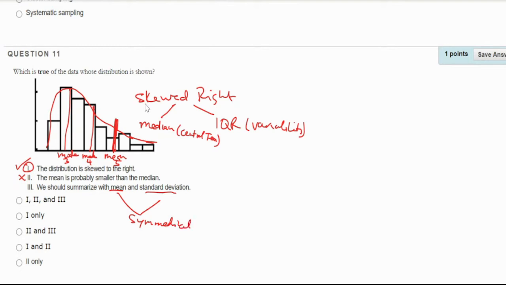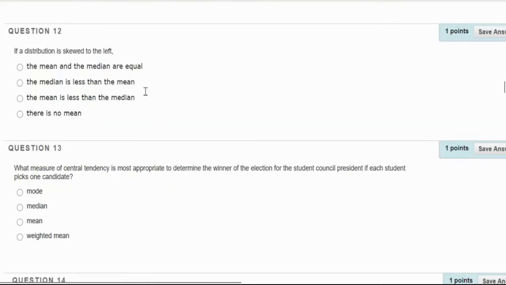If it's symmetrical without outliers, then the mean and standard deviation are good. So this statement is also not good. The only thing that is true is I. Very good. Now the next question, question 12.